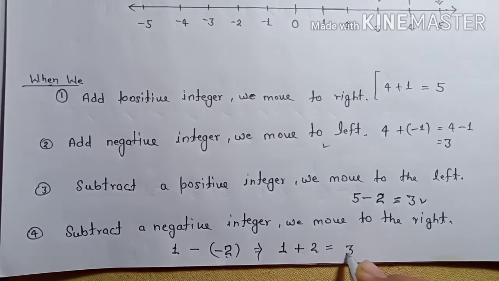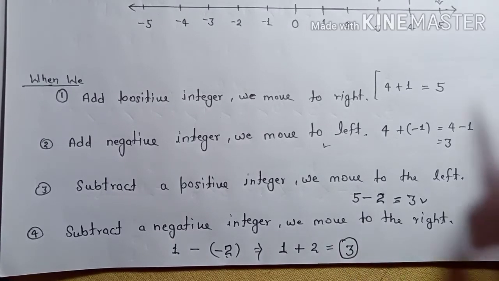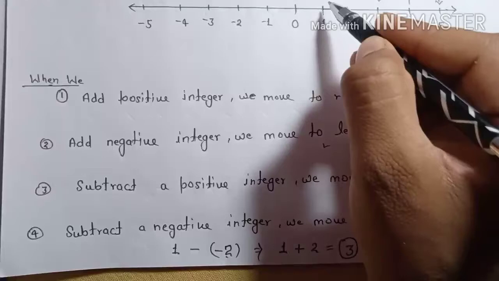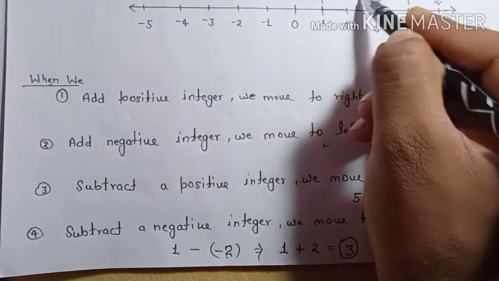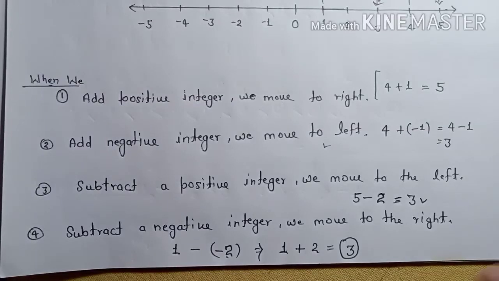So the result is 3. So you can see that when you subtract a negative integer here, we move to the right side. It became 3 here finally. So we move to the right side. So these are the properties of the number line, and these questions are important for the multiple choice question basis.